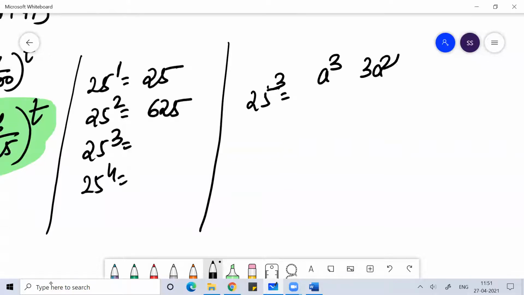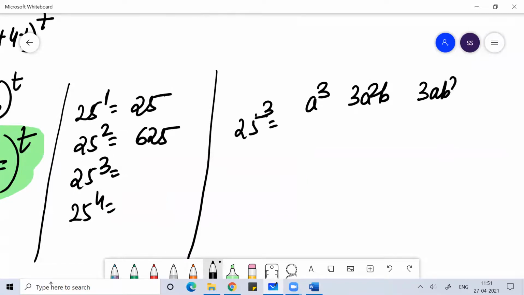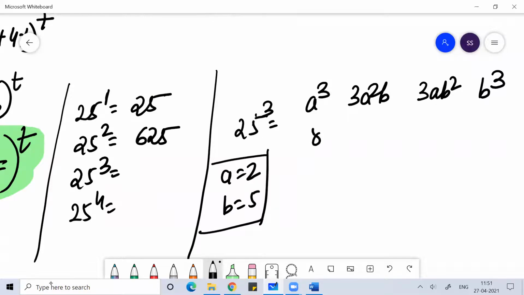The cube is a cube plus 3a square b plus 3ab square plus b cube, where a is 2 and b is 5. What is 2 cube? 8. What is 3 into 2 square into 5? That means 60.